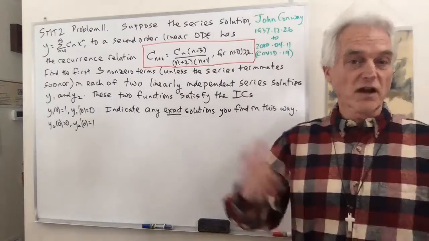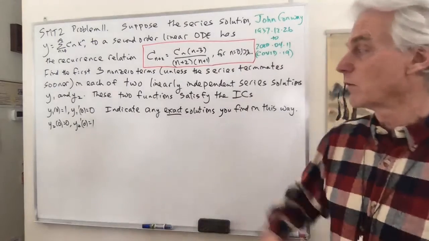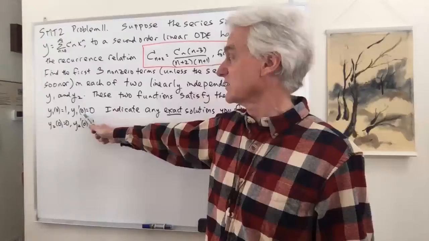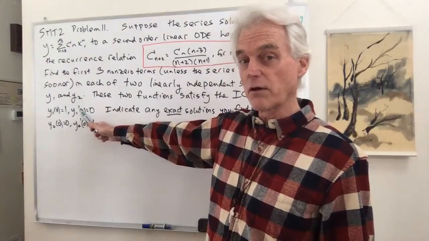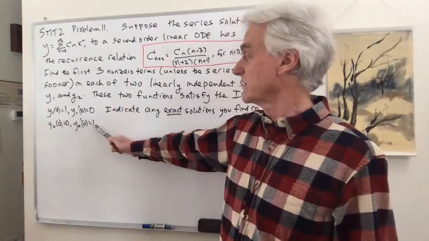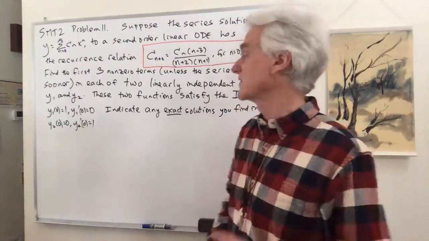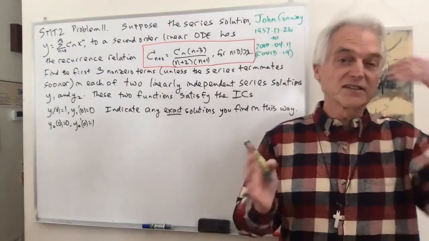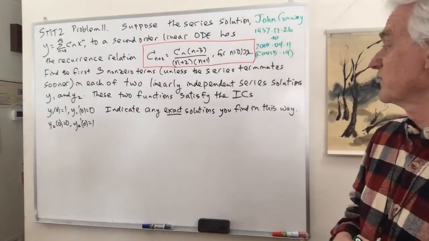We're going to choose our favorite y1 and y2, where y1 has value 1 at x equals 0 and slope 0 at x equals 0, and y2 has value 0 and derivative, or slope, 1 at x equals 0. And then we're asked to indicate any exact solutions we find in this way.